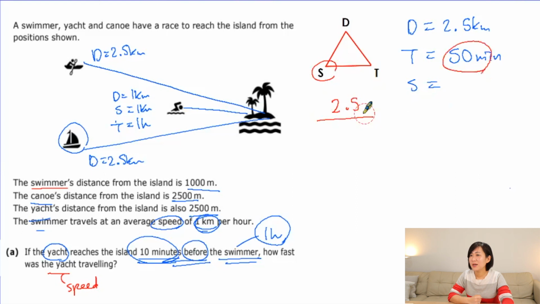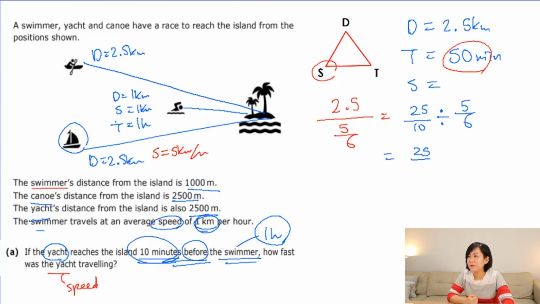Make sure you don't write down 50, change this into a fraction. So that's why 50 out of 60, I'm going to put as 5/6. Now I'm going to change 2.5 into a fraction. So 25/10 divided by 5/6. And now division turns into times.